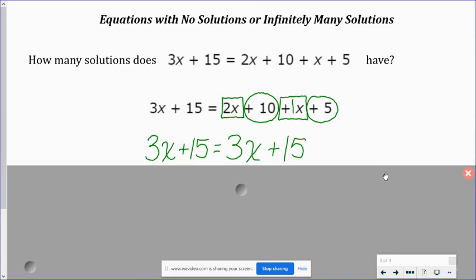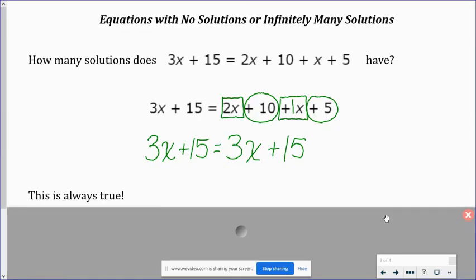Right away, I know that this statement will always be true, okay? Because if the left and the right-hand side are identical, I can truly plug any number in for x and it will always work. This means that there's not one solution for x. There's an infinite amount of solutions, and infinite means going on and on forever. However, let me continue to prove this to you.